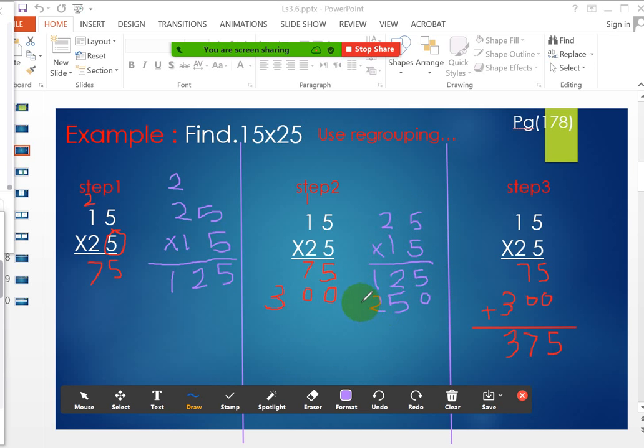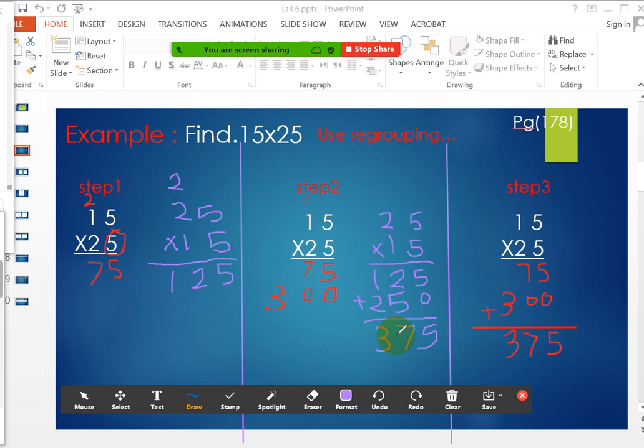Last thing, I have to add the numbers in the last step. 5 plus 0 equals 5. 2 plus 5 equals 7. 1 plus 2 equals 3. Okay, so look, the same answer.